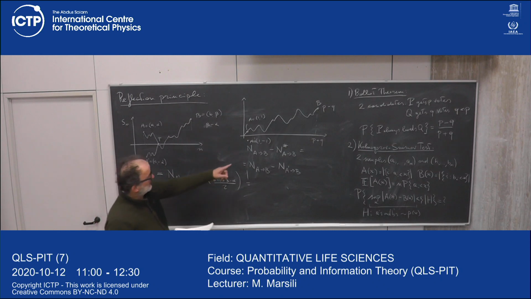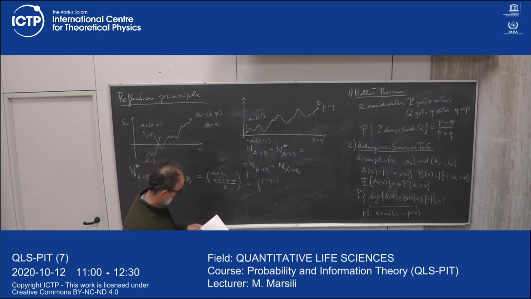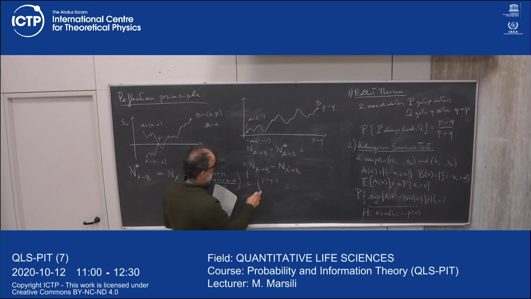So the number of paths that go from A to B is P plus Q minus 1 choose P minus 1, where there are P minus 1 steps up.